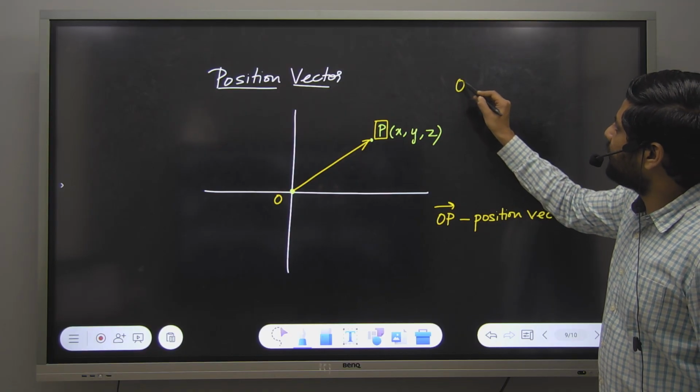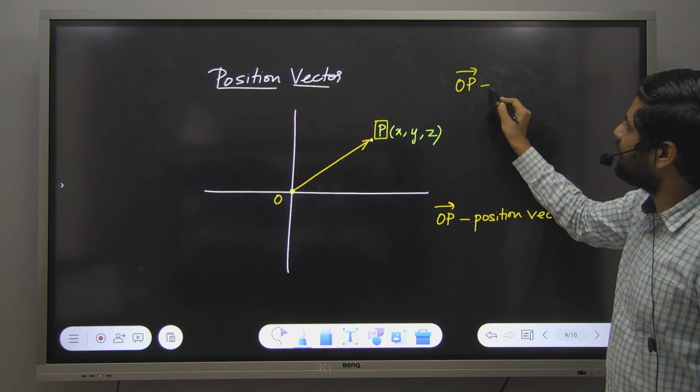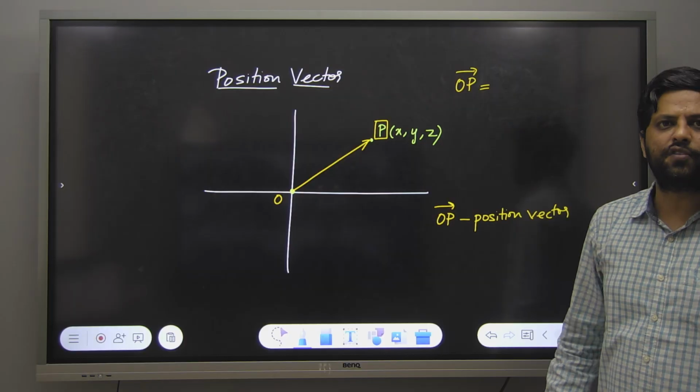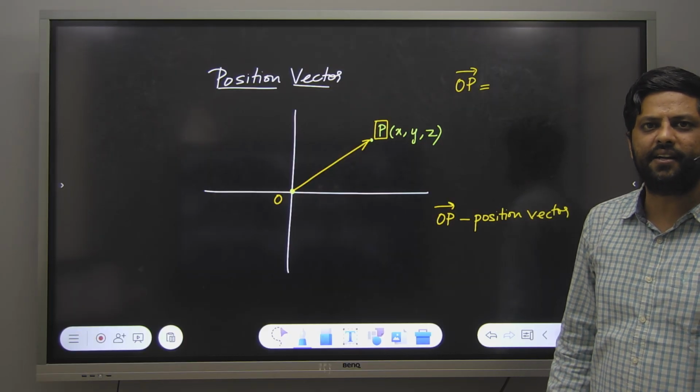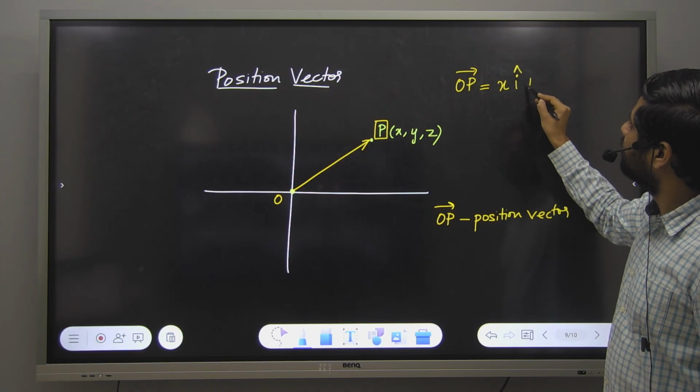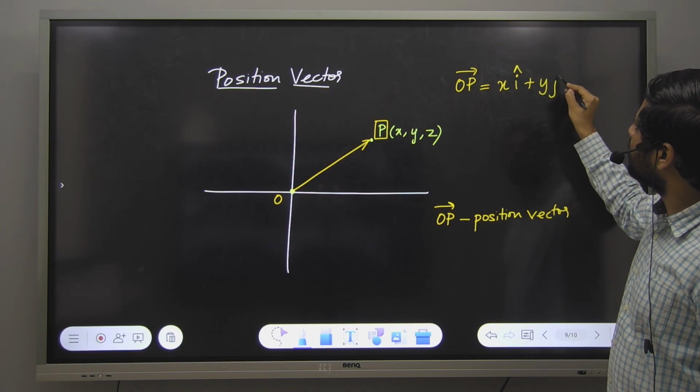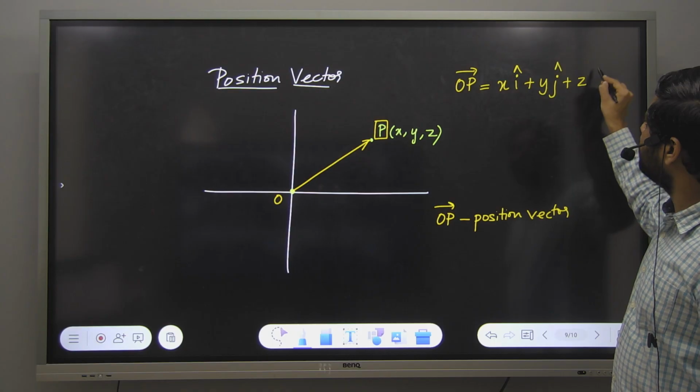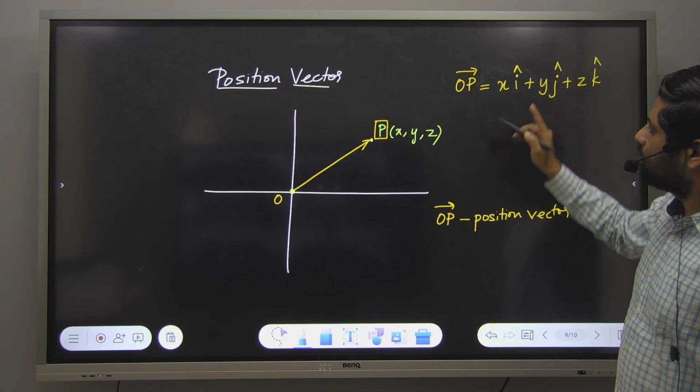Now the OP vector, if I know the coordinates as x, y and z, can be written as x i cap plus y j cap plus z k cap.